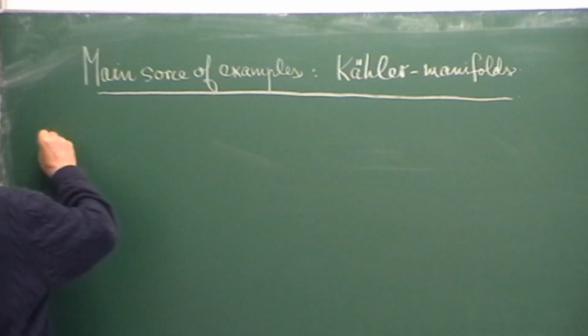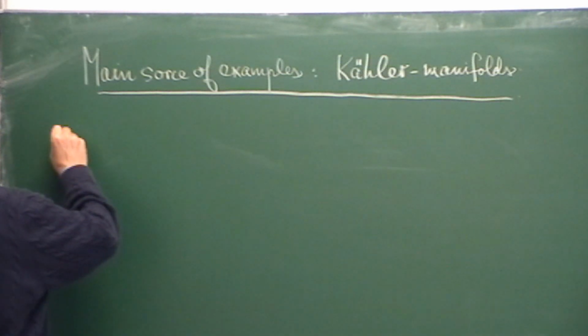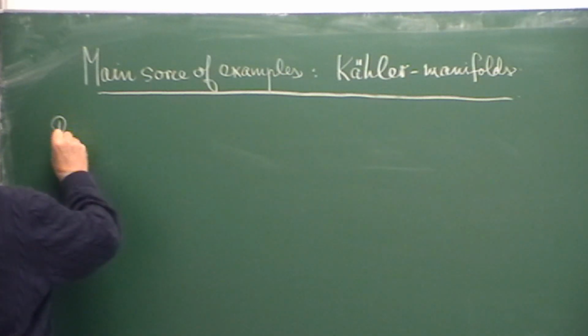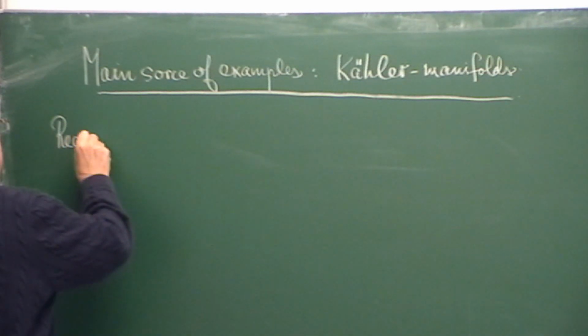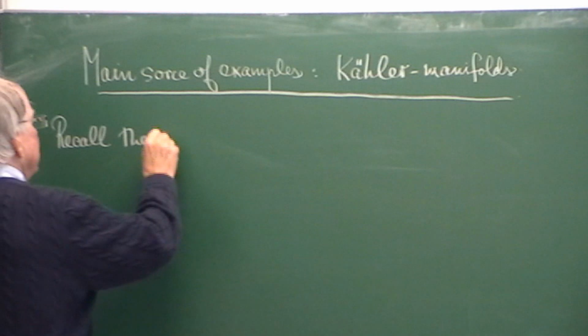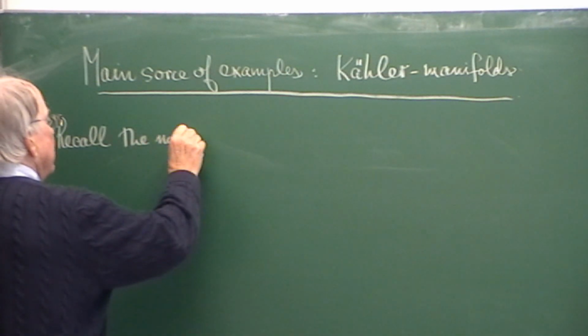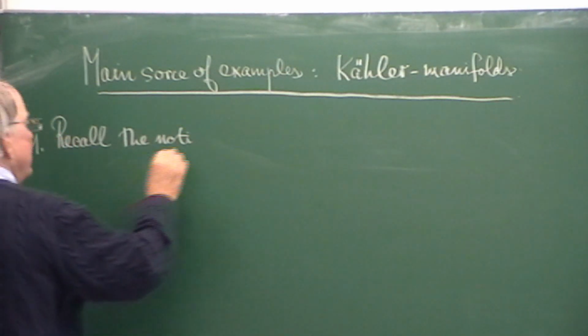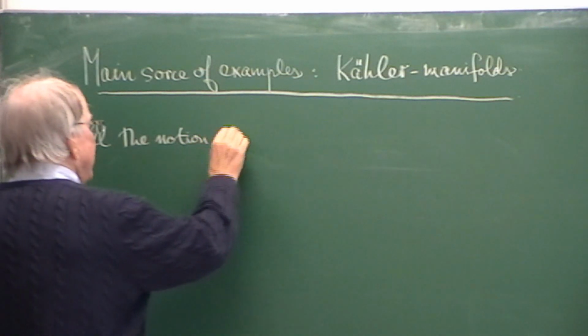The first thing we need to do is recall the notion of a complex vector space.